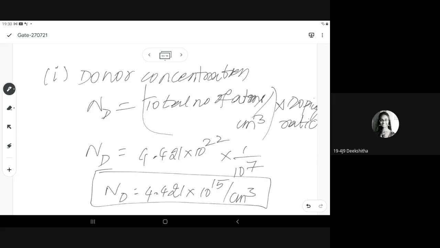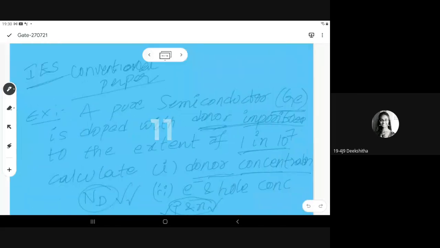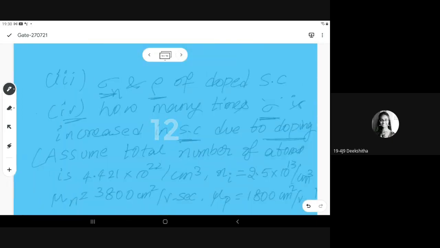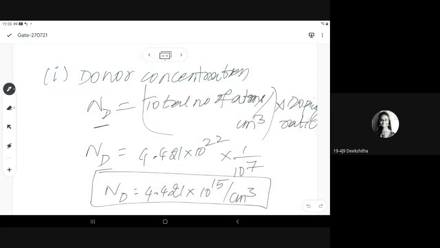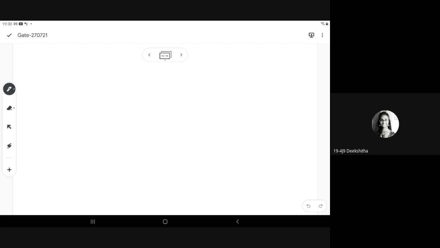The same thing is applicable for acceptor concentration also, the same formula. But if the question asks for acceptor impurities in place of donor impurities, then I have to write Na. Like that you can link how the questions can be asked.